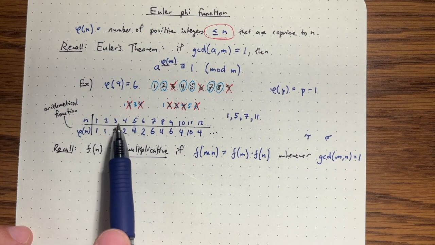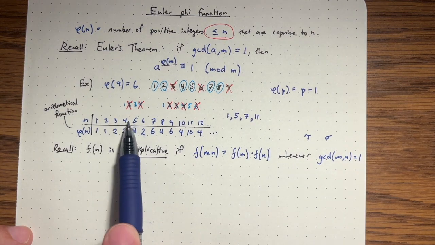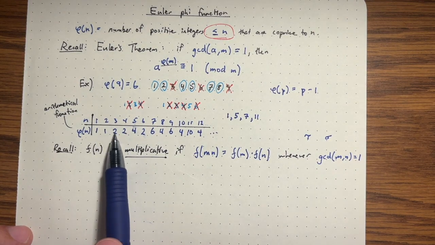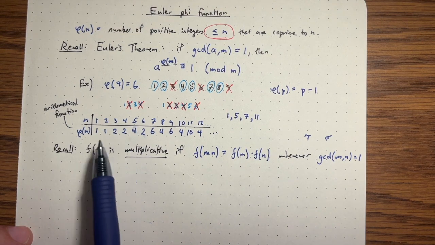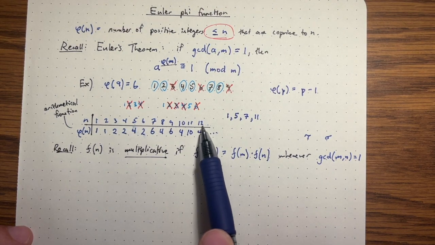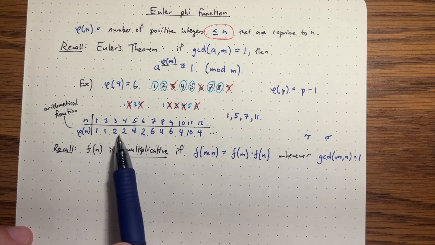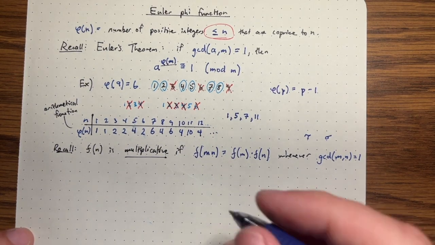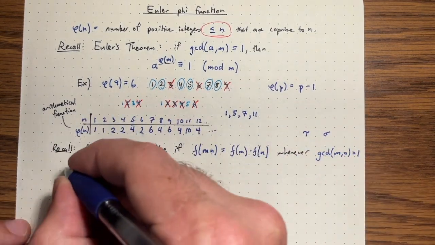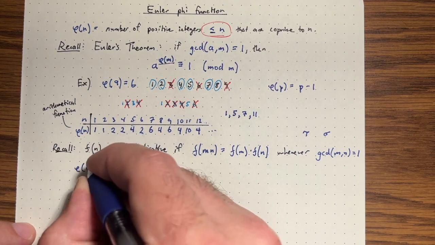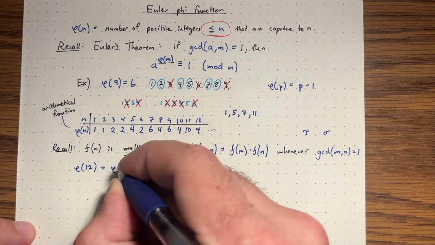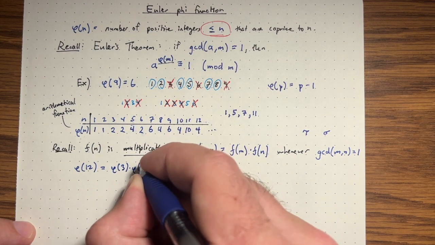So whenever I take two relatively prime numbers, like 3 and 4, those are coprime. Phi of 3 is 2, phi of 4 is 2, and phi of 12, their product, is 4, which is what we would expect. 2 times 2 is 4. So that's an example. Phi of 12 is indeed phi of 3 times phi of 4.